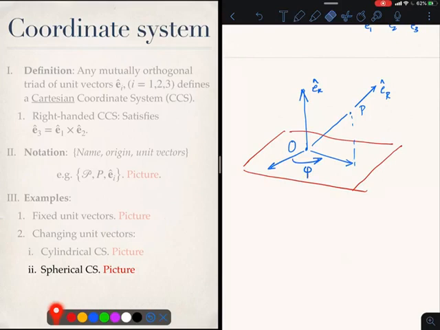I hope I got that. No, I guess I got it wrong. I'm going to keep it theta over here. No, I got that wrong again. It was phi is fine, so we keep it phi, and we can define this angle as theta.